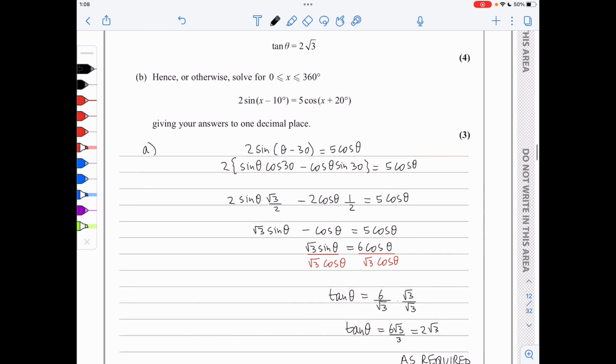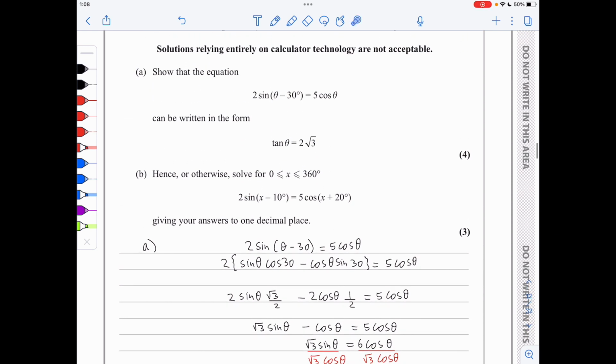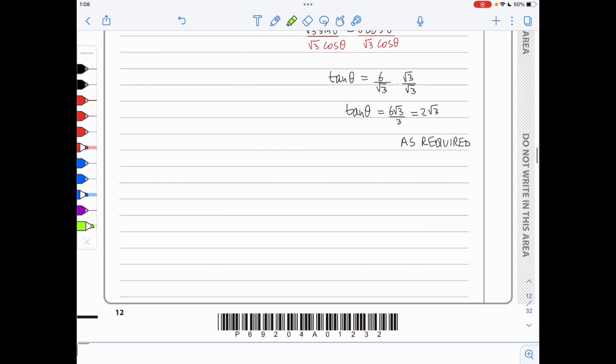And then in part B, it says hence or otherwise solve this equation here. So if we compare with the original thing, we can see that theta has been replaced with x plus 20. So I can simply say that since we've got theta to be x plus 20, then we've got that tan of x plus 20 is equal to 2 root 3.